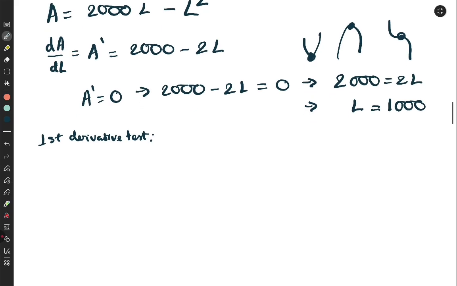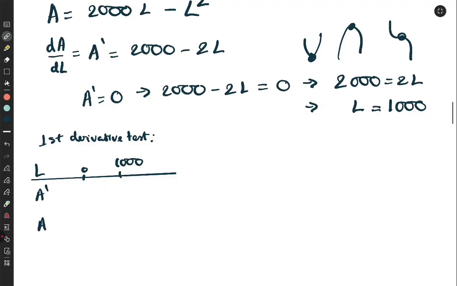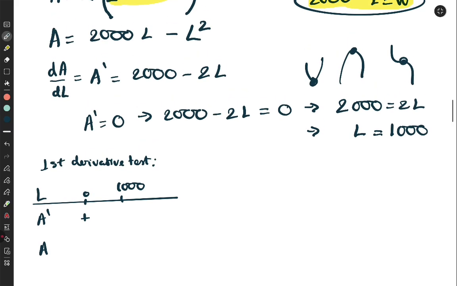I'm gonna do both of them. Later on you just have to do one. Okay, that means I have to do this thing. L, A prime, A, 1K. Pick one on the left, smaller than 1K. I'm gonna pick 0. 0 give you 2,000.